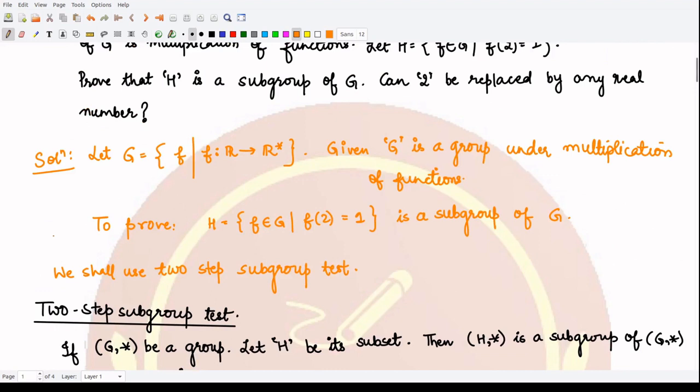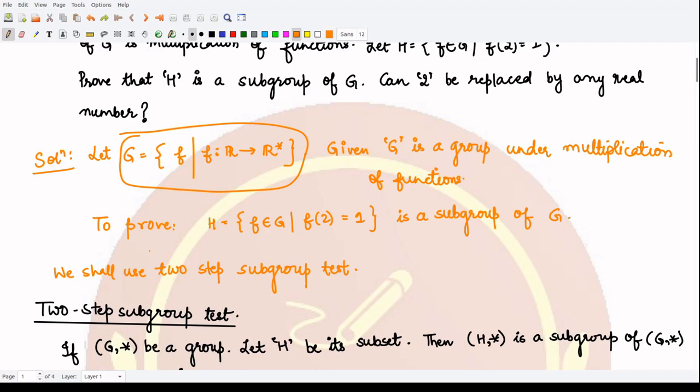Here, what is the identity of this group G? Let's identify that first. It is the identity function I of x, which when multiplied by any function gives you the same function back, correct?